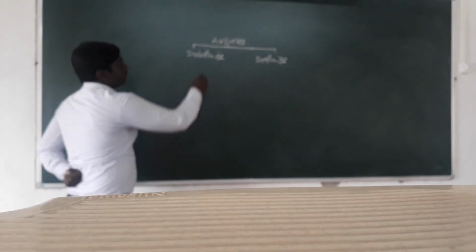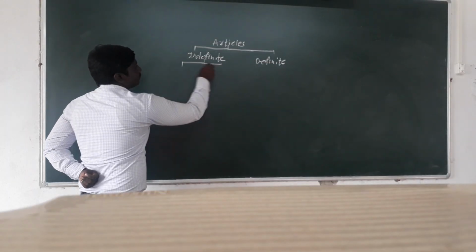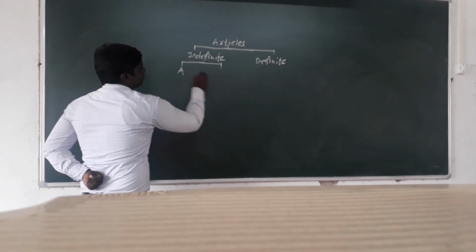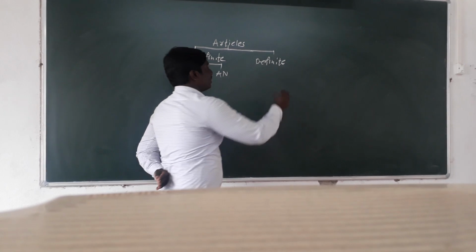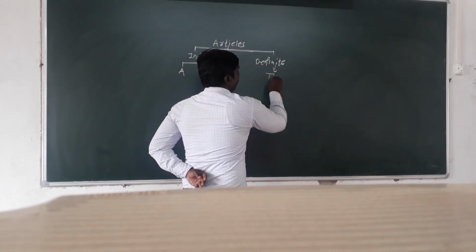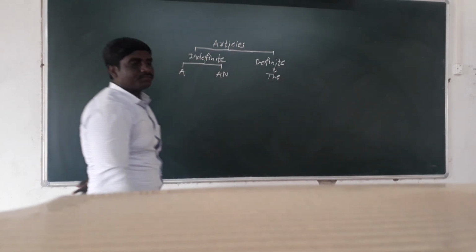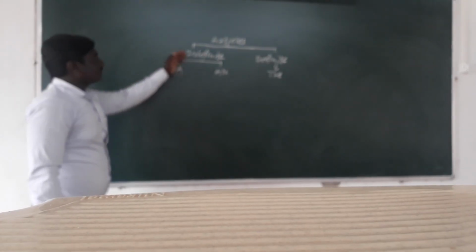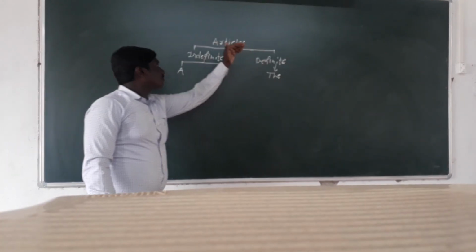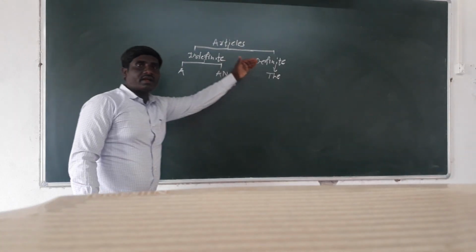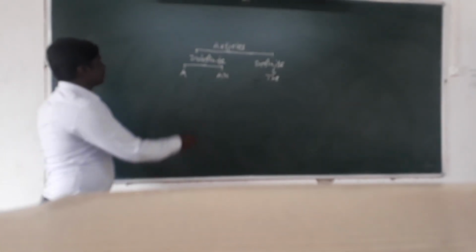In indefinite articles, we have two articles, a and an. And in definite article, we have the article "the". So these articles are divided in two groups, indefinite and definite articles.